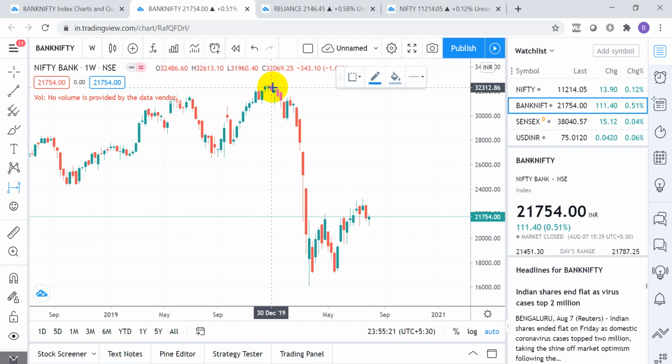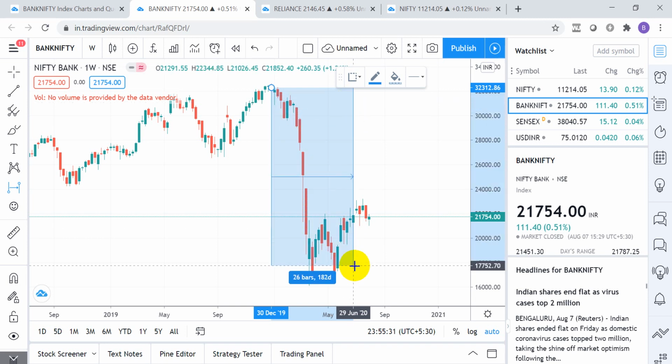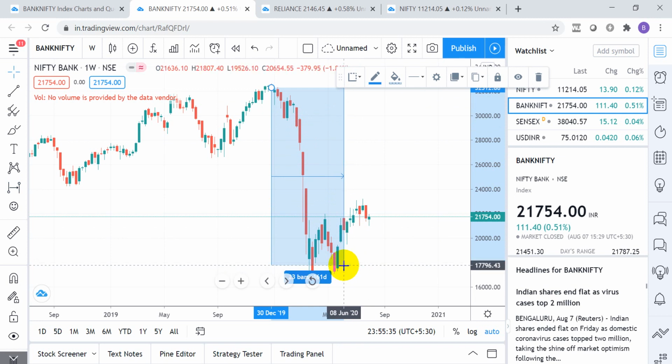From there I'll calculate 26 bars, which is technically 26 weeks. So this is the 26th week candle, the 26th bar. Now I'll mark the high and low of this bar. The high is 22,344 and the low is 21,026.